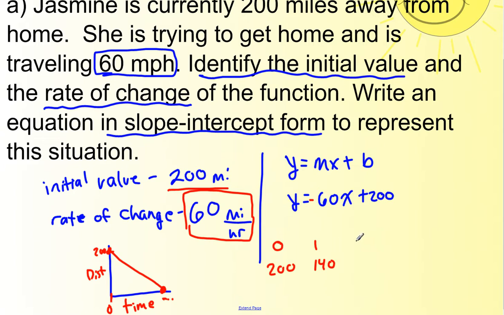And then in 2 hours, how far away from home would she be? Well, she'd be 120 miles closer than 200, which would put her at 80 miles away from home. And then at 3 hours, she would be 20 miles away from home.